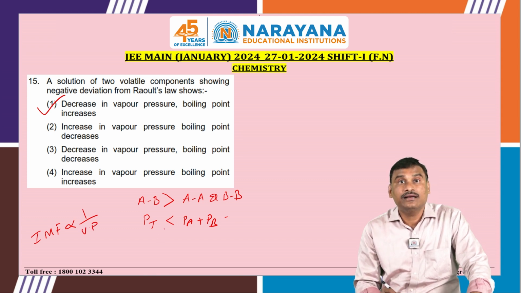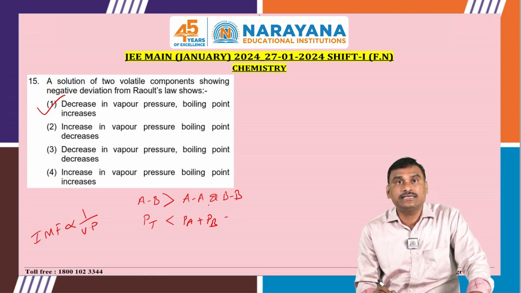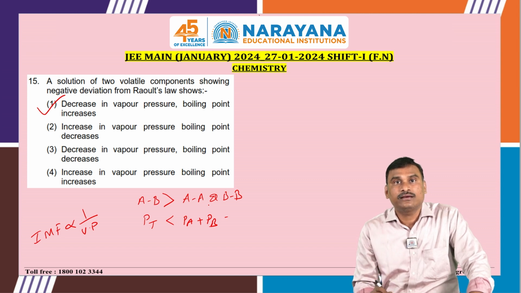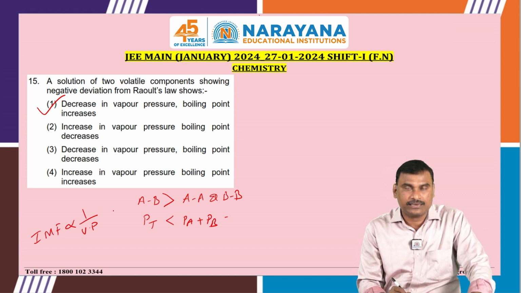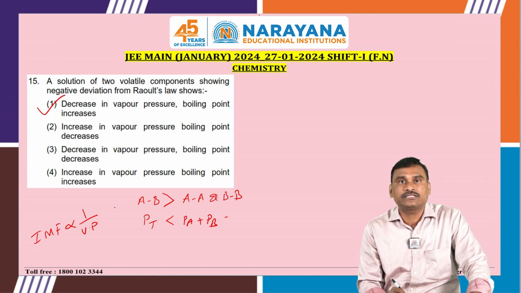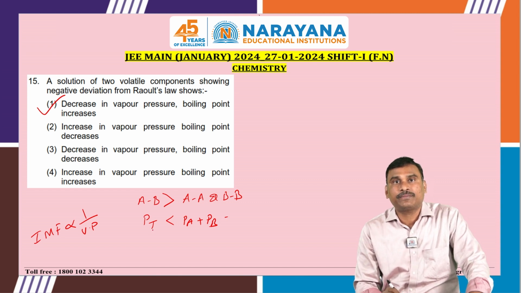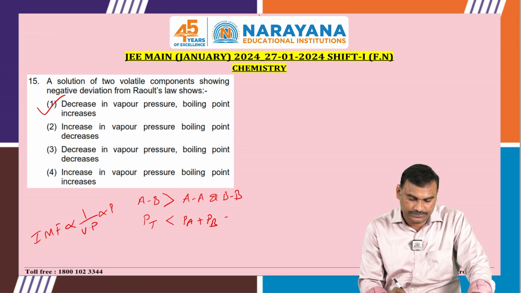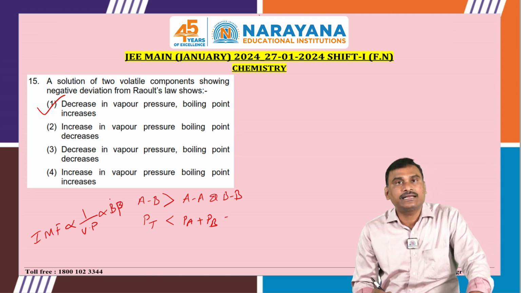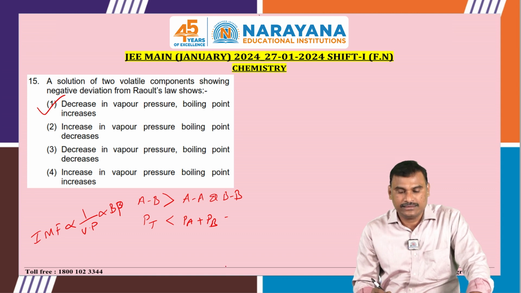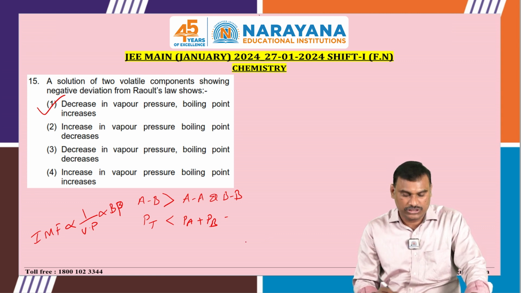As the intermolecular force increases, more energy is required to vaporize, and vapor pressure and boiling point are inversely proportional: higher vapor pressure, lower boiling point. Therefore, as the intermolecular force after mixing increases, the vapor pressure decreases and the boiling point increases. For the given options, 1 is the correct one for the question.